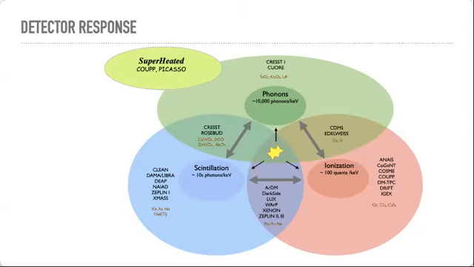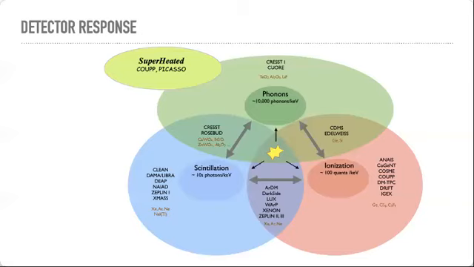You're either going to see phonons, or if you have a crystal or a target that scintillates, you could get a scintillation signal, or you could get an ionization signal out of it. There are lots of experiments. There's also the superheated crystals. Phonons and superheated crystals, in some sense, are detectors measuring heat in some way. So that's why I put this up over here.